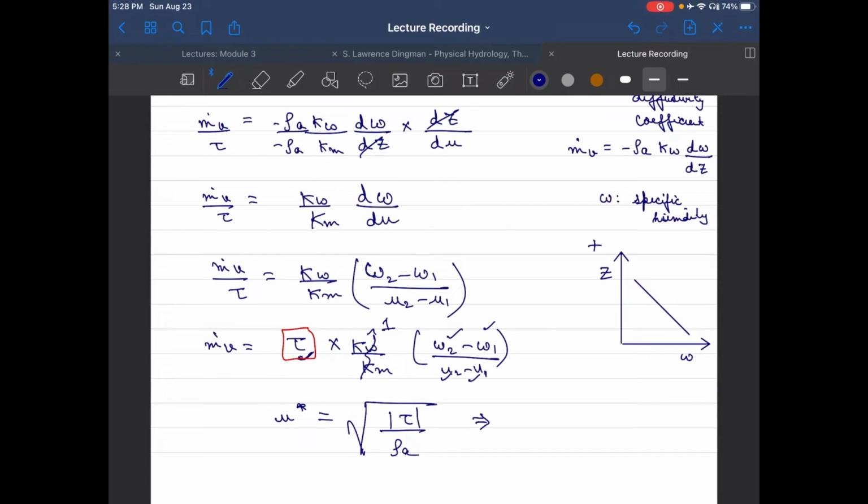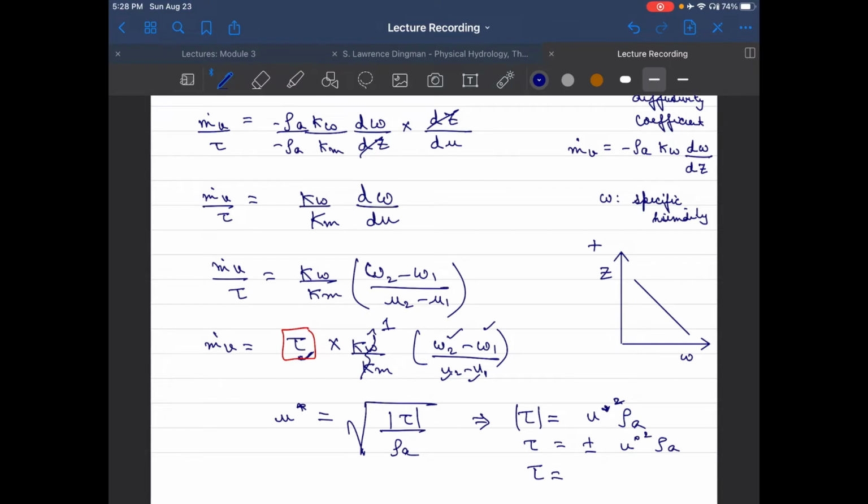which implies we can write our mod tau as u star times square root of rho a, and tau then can be u star square rho a, because if I remove the square root, tau can be written as plus minus u star square rho a. Now I know that this tau is indeed equal to the shear stress or rate of momentum transfer.